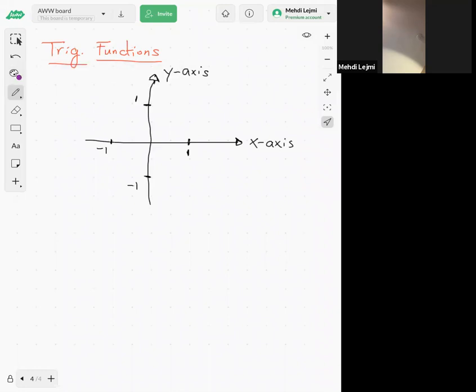It passes through (1, 0), (0, 1), (-1, 0) and (0, -1). So this is your unit circle. What do I mean by unit circle? That's the circle of radius 1.